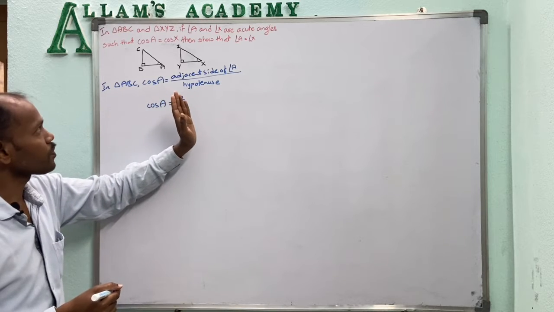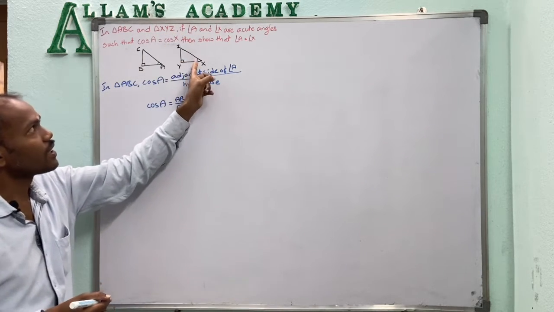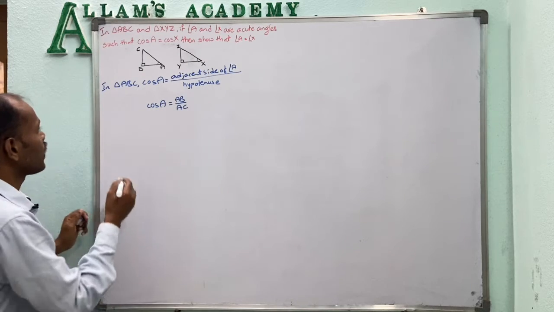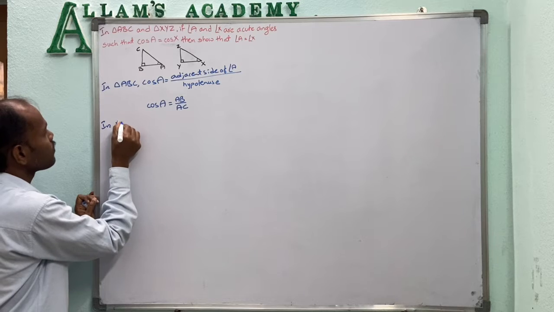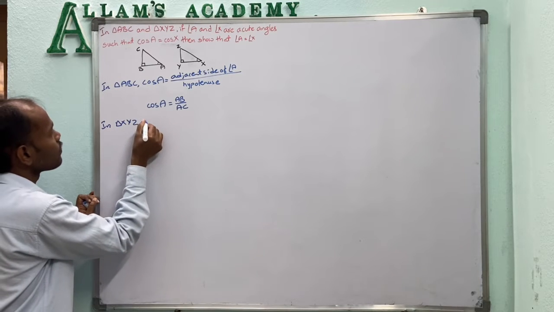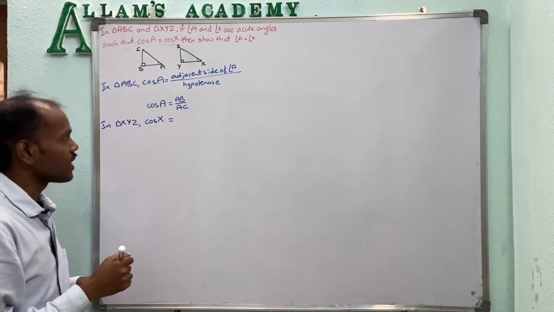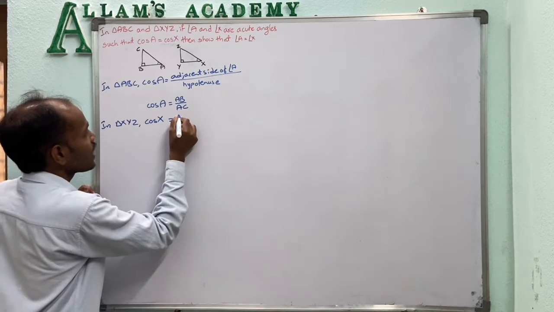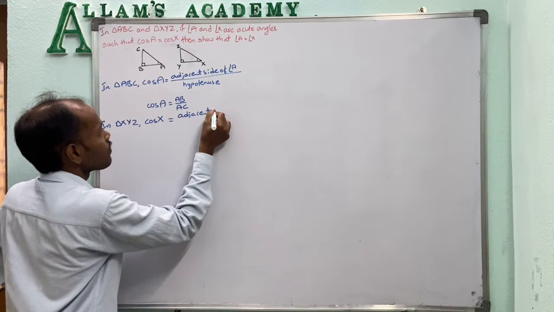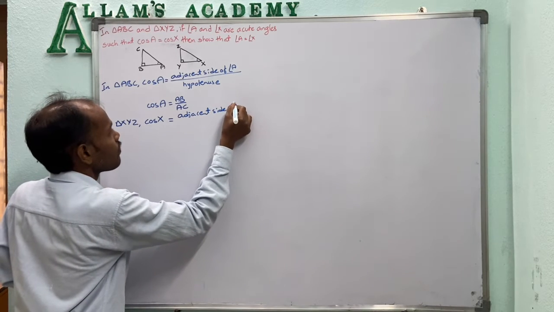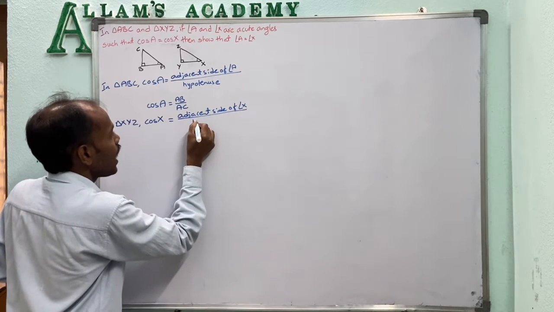Next, in triangle XYZ, cos X we have to find. So in triangle XYZ, cos X equal to, so cos theta equal to, again adjacent side of angle X by hypotenuse.